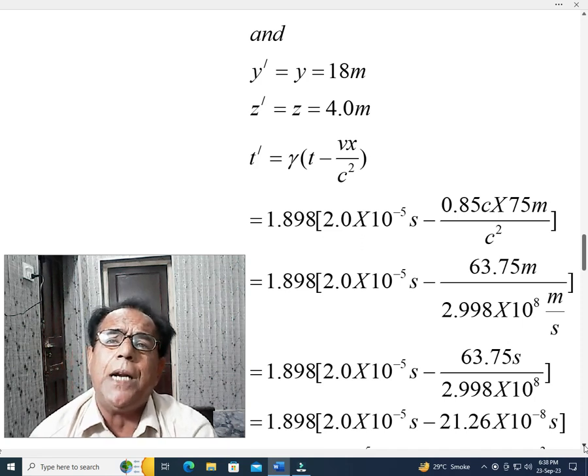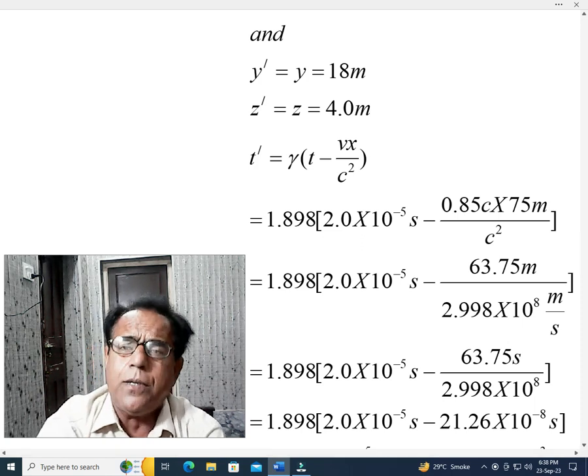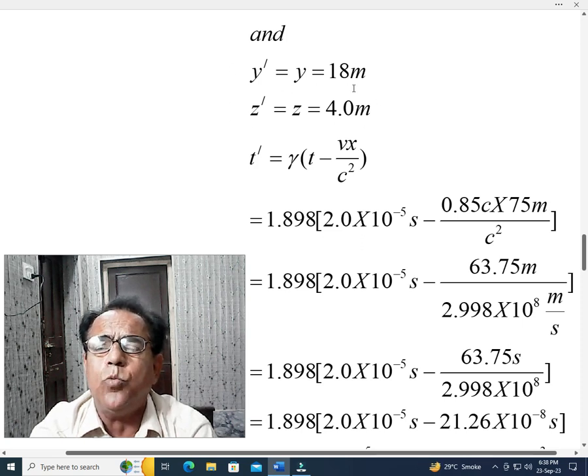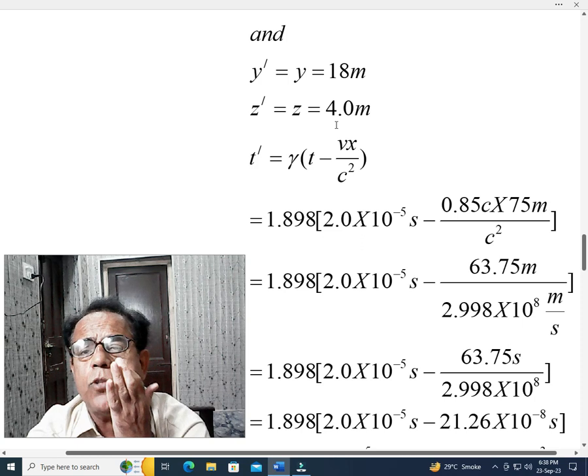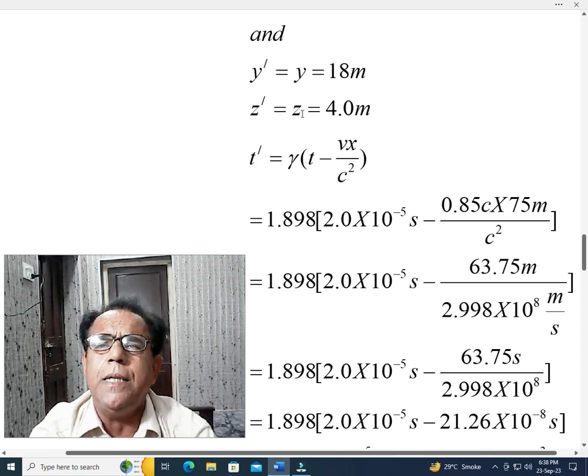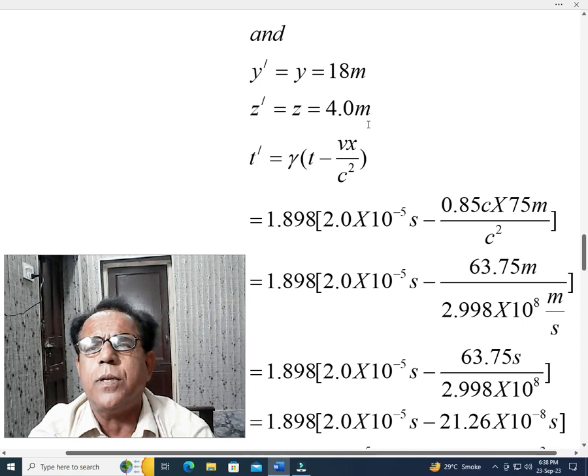Similarly, in the next part, when we come towards the inverse transformation, then again this factor will be revised. Y dash is equal to y equal to 18 meter, z dash equal to z equal to 4.0 meter. In the inverse transformation we will show that y equal to y dash equal to 18 meter. Similarly, z equal to z dash equal to 4.0 meter.